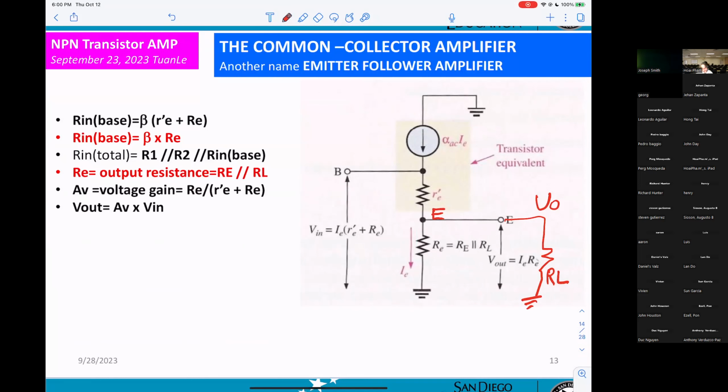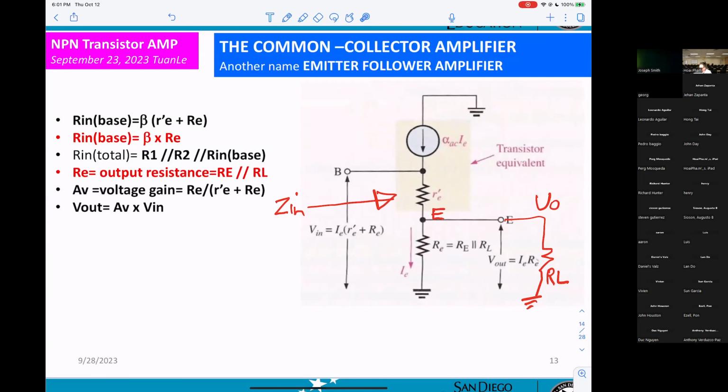Now, when you're looking into the base, we're looking for the input impedance, and they already calculated it for you in here. R in base means from the base to the ground. You can calculate R in base equal to beta times r'e plus RE.